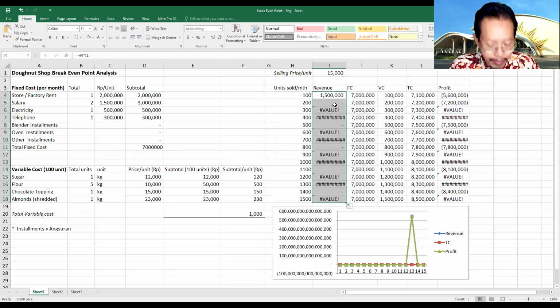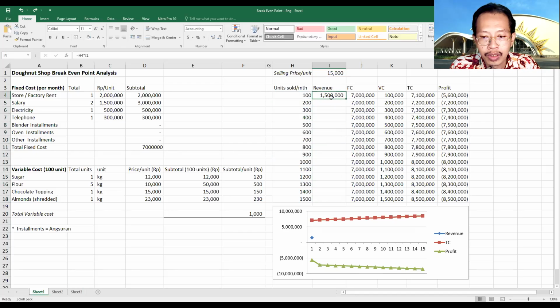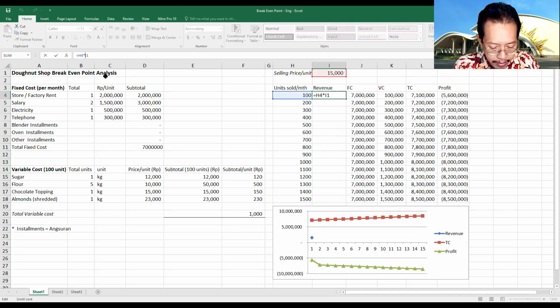Why? Because you did not anchor I1, the 15,000. So it keeps moving down. What you have to do is put a dollar sign. H4 times $I$1.